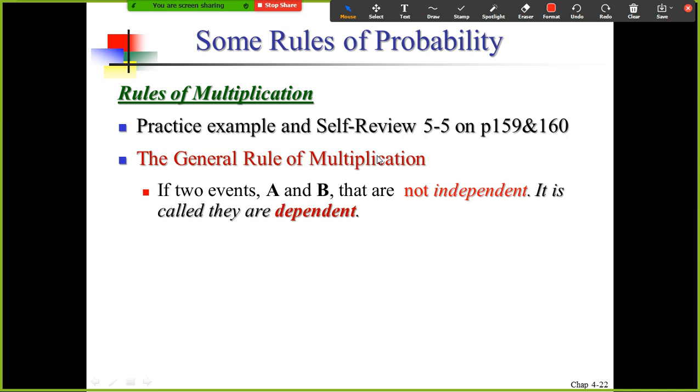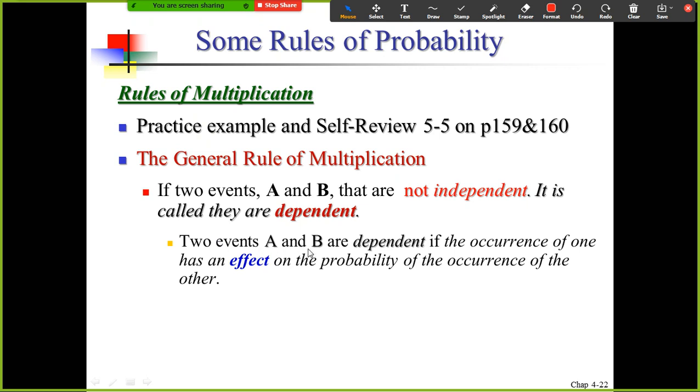So be clear. If you want to study probabilities of at least two events using the special rule of multiplication, these two events must be independent. But if you want to study the general rule of multiplication, you have at least two events, but these two events are dependent events. That means event 1 depends on event 2, or event 2 depends on event 1. They depend on each other.